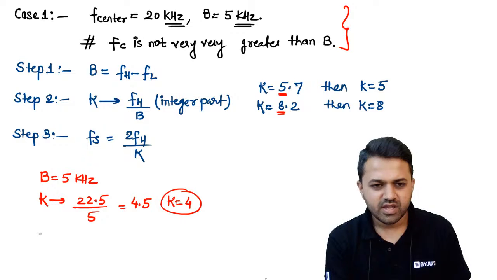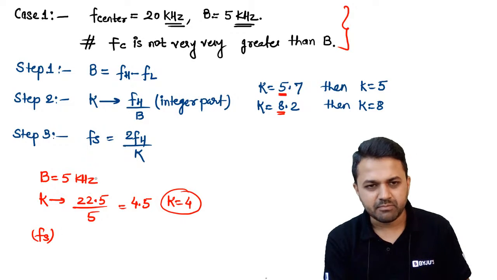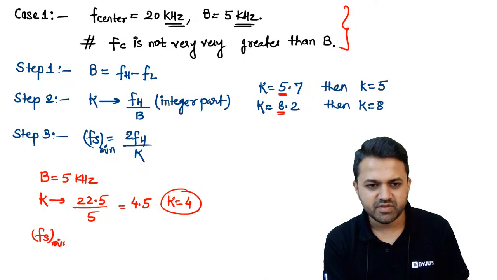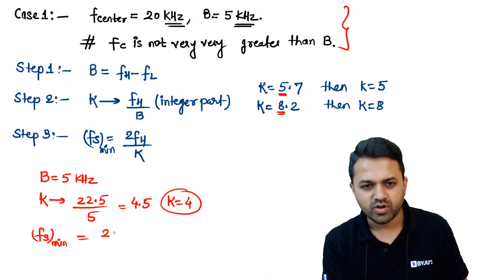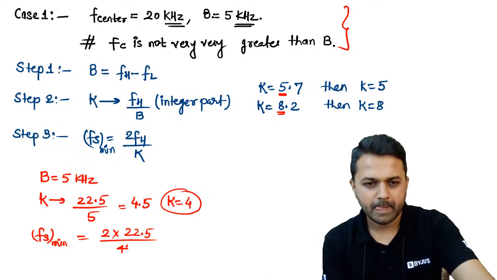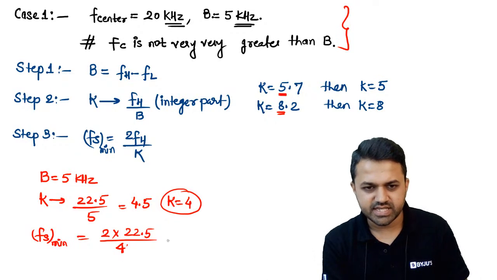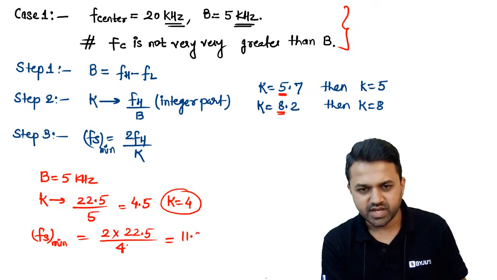This will give you the minimum sampling frequency, which according to the formula is 2 into FH, where FH is 22.5, divided by K. K is 4. When you solve it, you get 11.25 kilohertz.